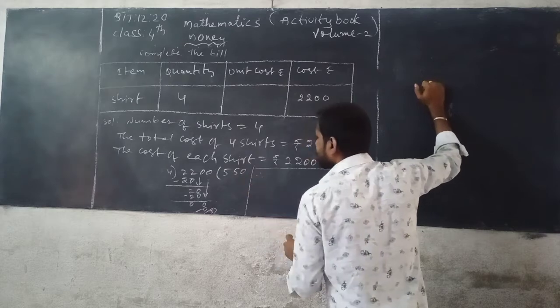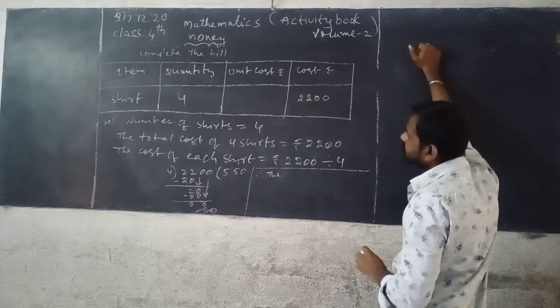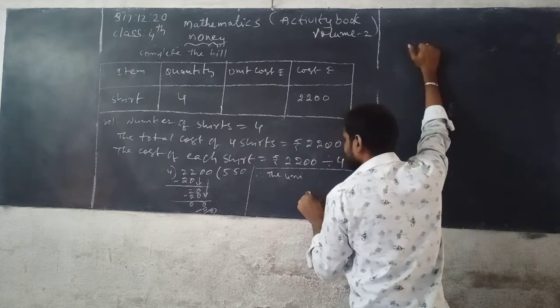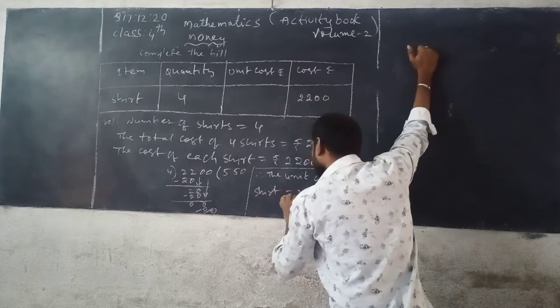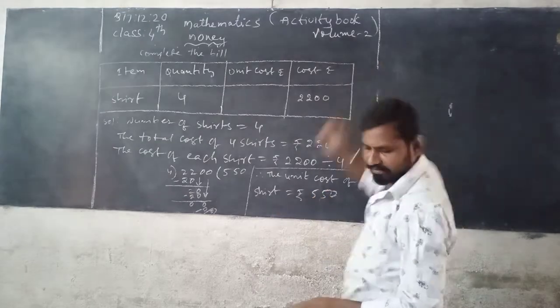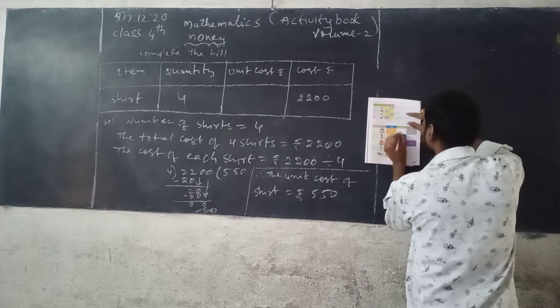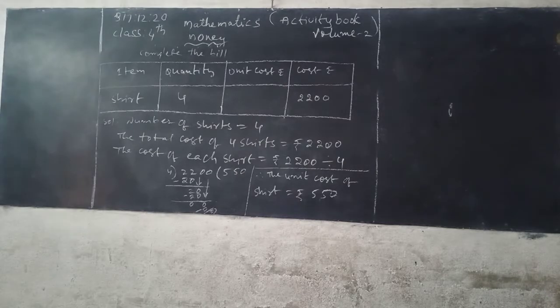Therefore the unit cost of shirt is equal to 550 rupees. Write down it. Did you understand?